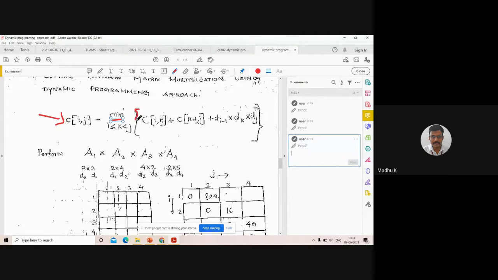Inside that bracket, we write C of ik plus C of k plus 1 comma j plus d i minus 1 into dk into dj. D means dimension. This is the general equation for calculating the cost.